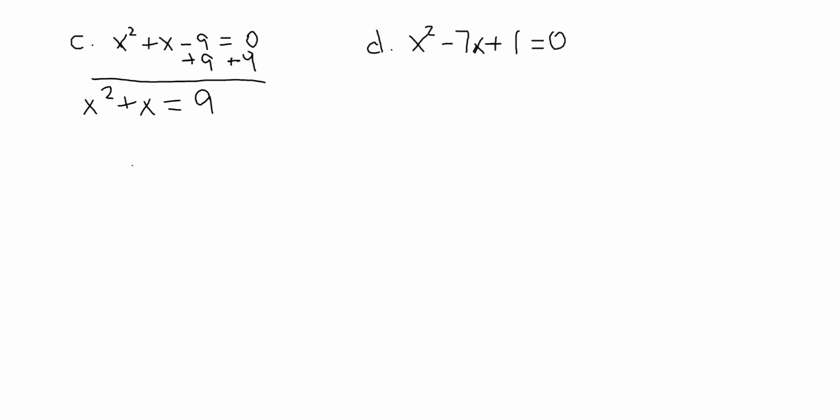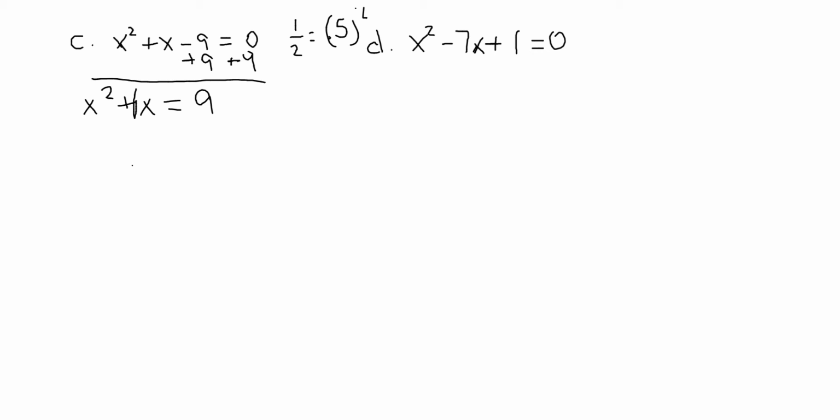Now I got to find what I'm going to add to both sides. If I look at my b term, it's just an x. But if you recall, my coefficient in front of that x is a 1. So if I take 1 and divide it by 2, I get 1/2 or 0.5. Then we have to square that.